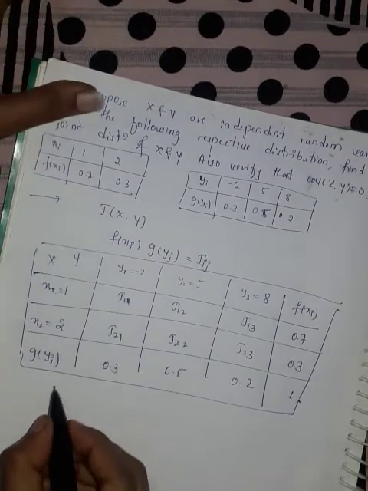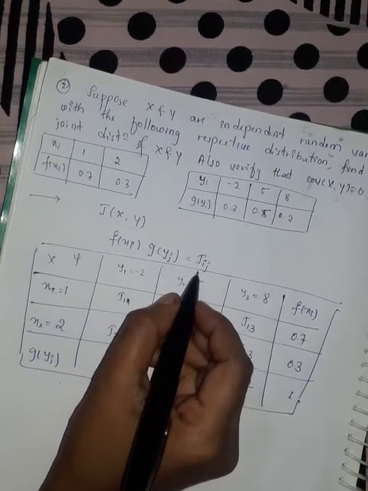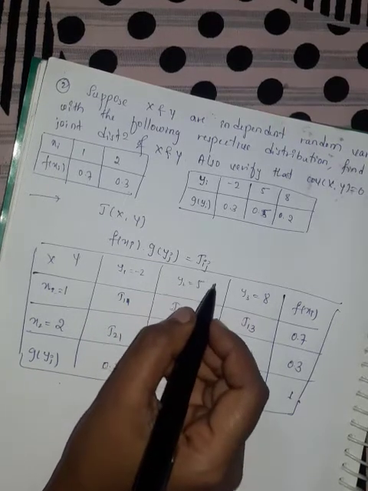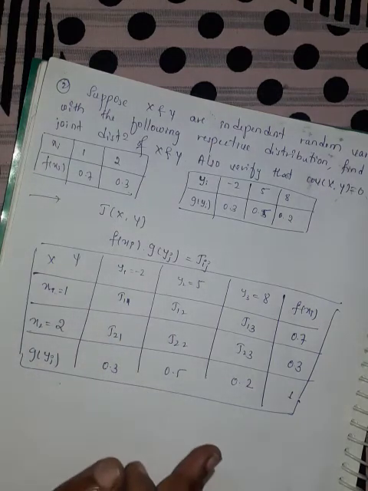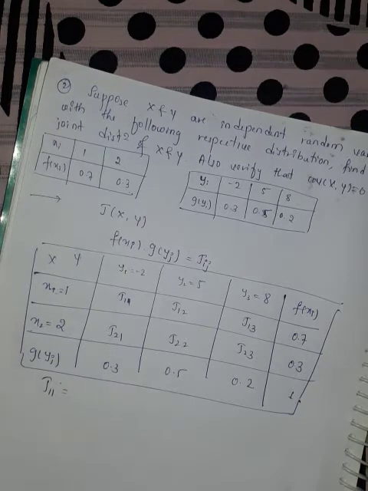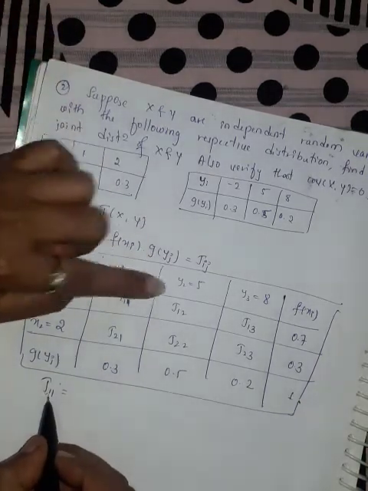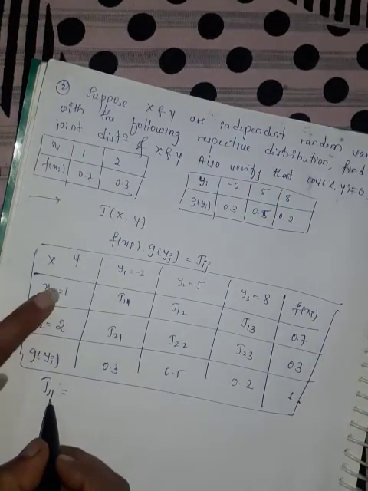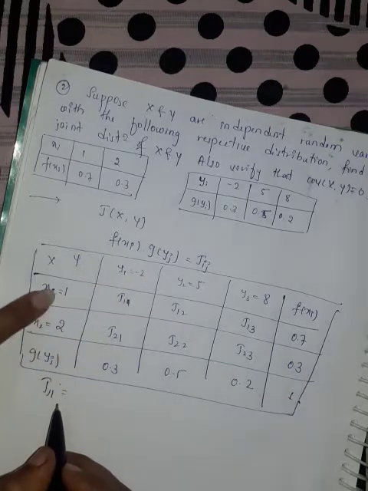We have the formula: f of xi into g of yj is equal to Jij. First we find J11, that is for i is equal to 1 and j is equal to 1. Multiply the values here.